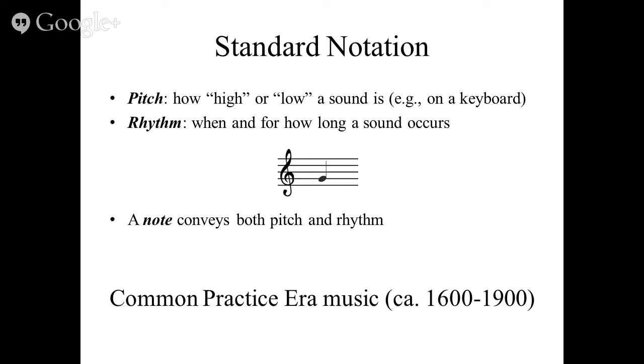And so a note, which is the figure in the middle of the slide that you will get to look at again in a second, will most basically convey at least pitch and rhythm. And this is true for all what's called common practice era music, which is music written in Western Europe and places to which this music was exported between about 1600 and 1900.